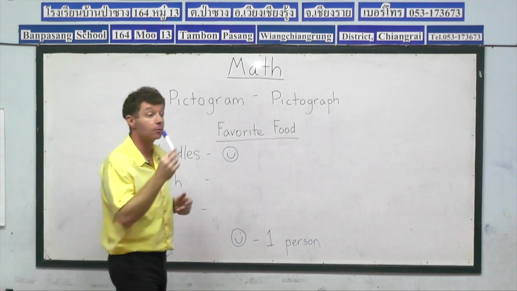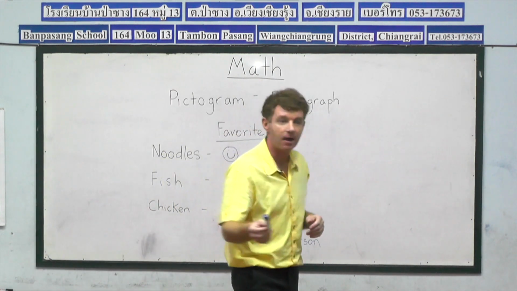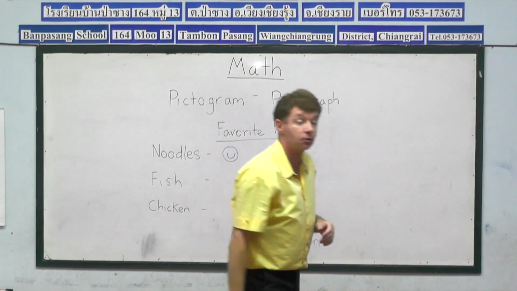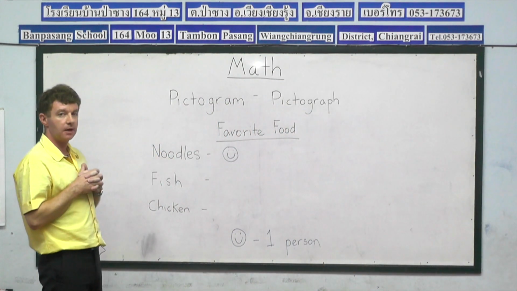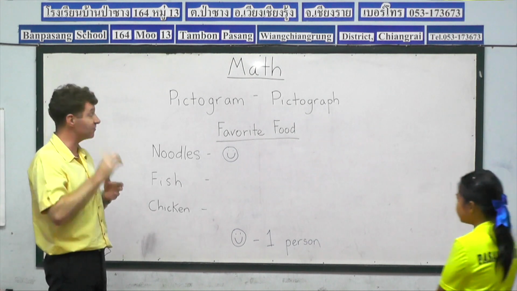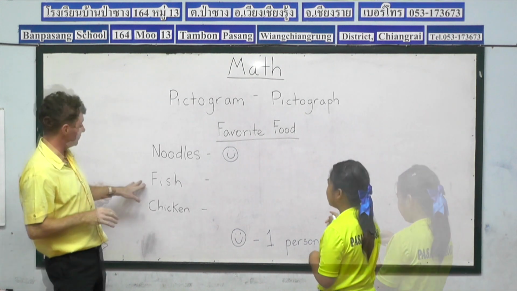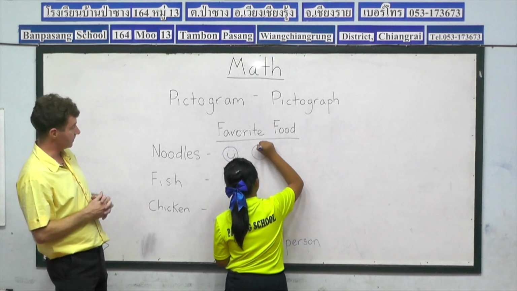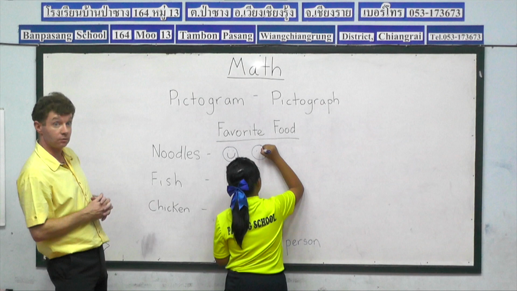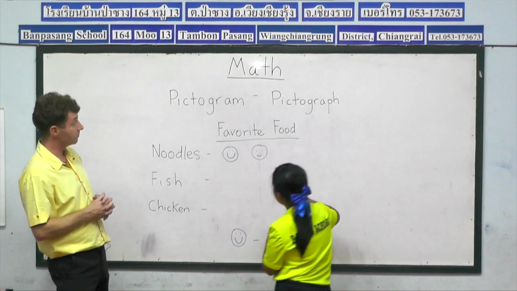And now I will present the marker to Lak Gao. Lak Gao, can you come and give your vote to the favorite food on the board? And remember, we're drawing a smiley face each time. Fish or chicken? Excellent. Lak Gao has gone for noodles too. Perfect, Lak Gao.